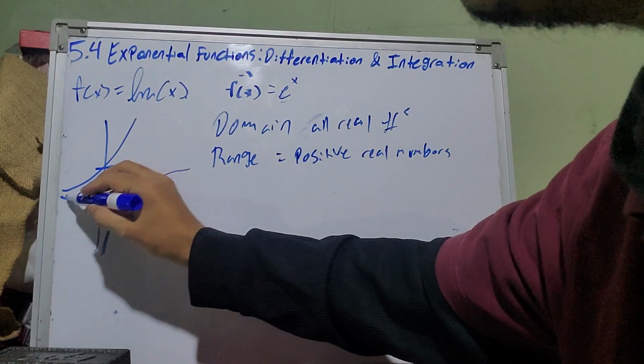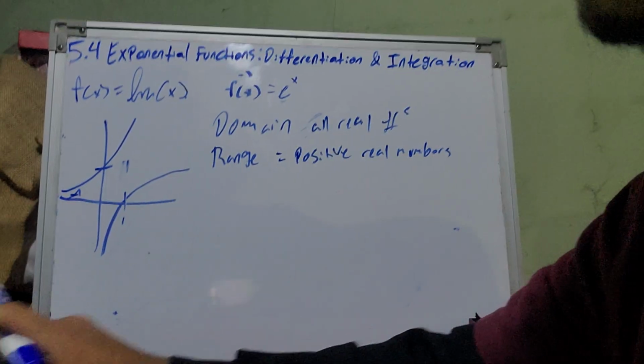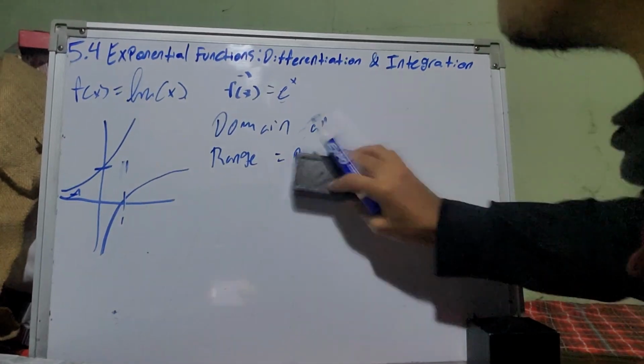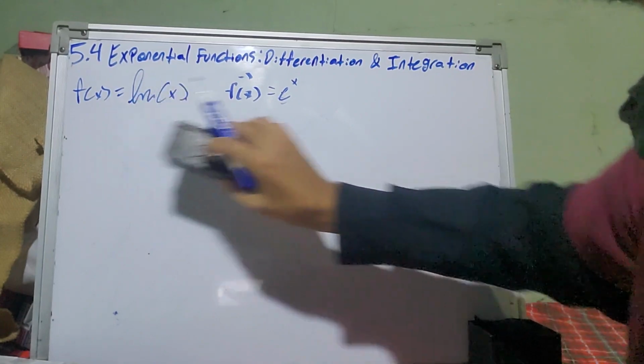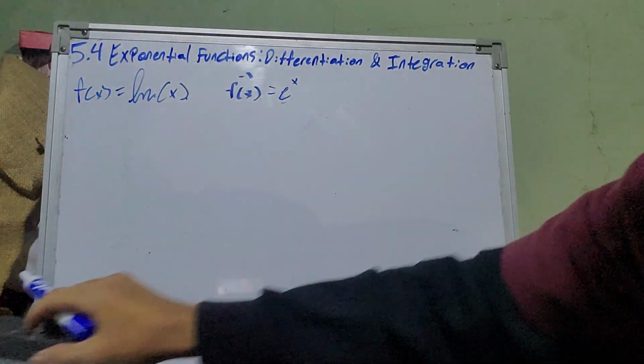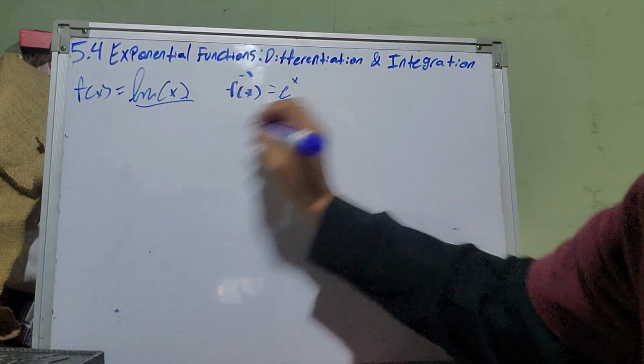As we can see, it will never reach negative or zero. And this can be further represented by the inverse relationship between these two functions, ln of x and e to the x.